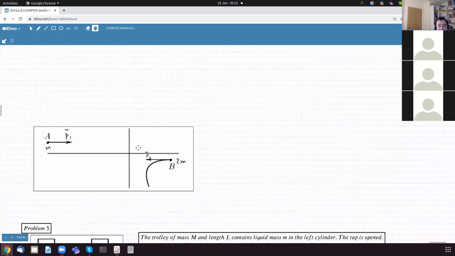So they have equal momentum. But if they have equal momentum but different mass, that means A is traveling twice as fast.